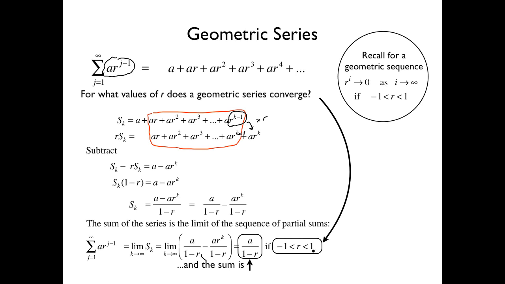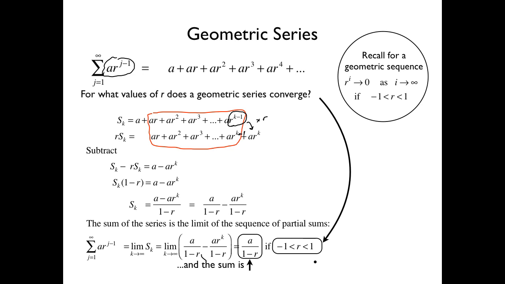So this is all we care about, when the sequence converges to 0. And it turns out if the sequence converges to 0, the geometric series also converges to a over 1 minus r. That's the same requirement for the sequence to converge as it is for the series to converge. It ends up being the same requirement for both.